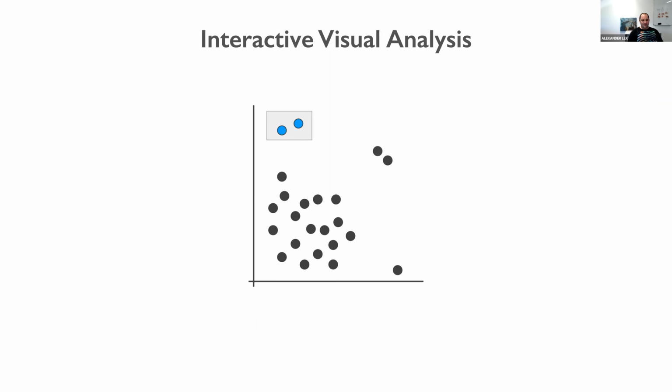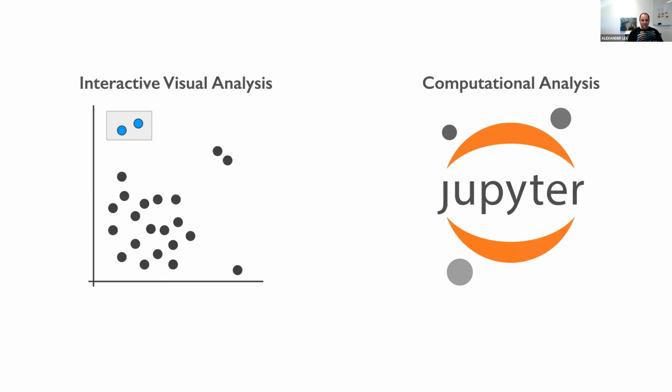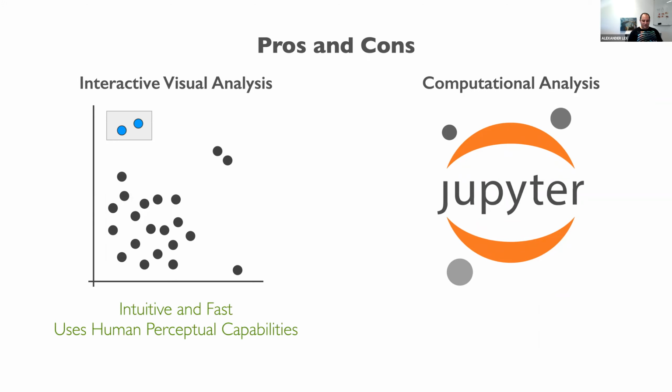So the idea here is we want to be very close to what computational analysis can do in terms of reusing functions. So let's think a little bit about computational analysis versus interactive visual analysis. Interactive visual analysis is intuitive and fast, and it uses human perceptual capabilities.